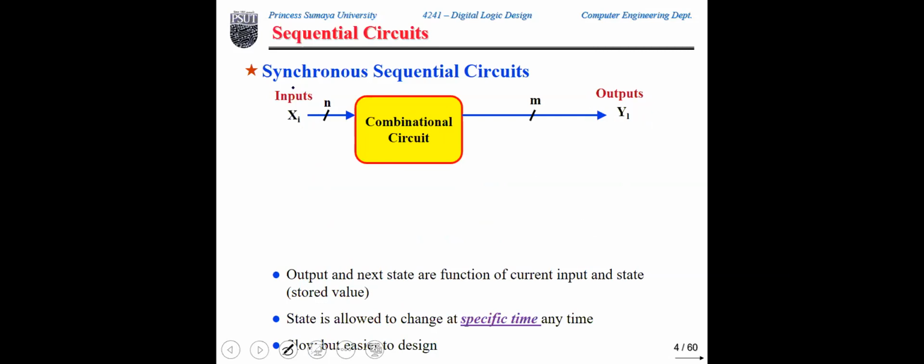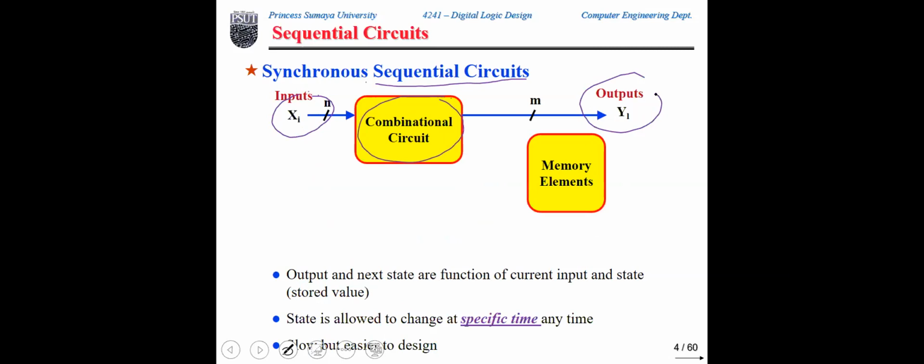So basically, we are talking about a sequential logic circuit. There is a combinational component with a certain number of inputs and a certain number of outputs. However, this is a sequential circuit, so there is a memory. There is some storage circuit, a circuit that can store 1 bit, 2 bits, 3 bits, depending on how many bits the circuit needs.